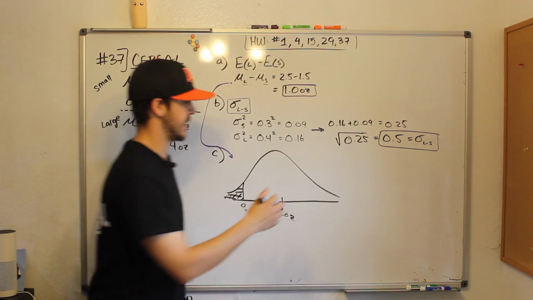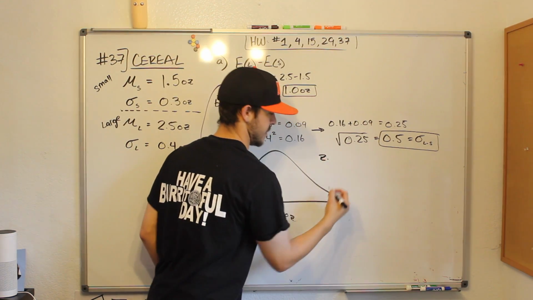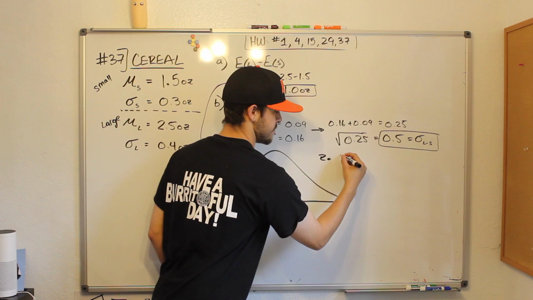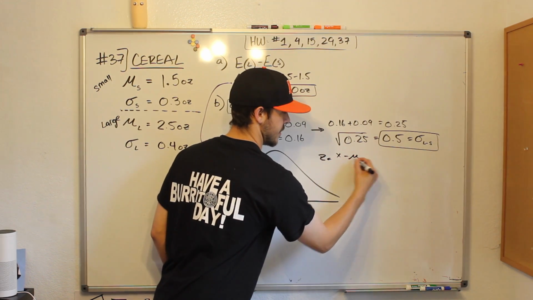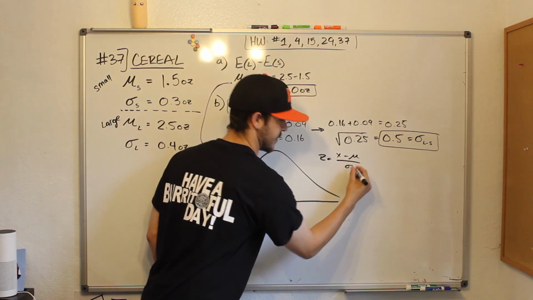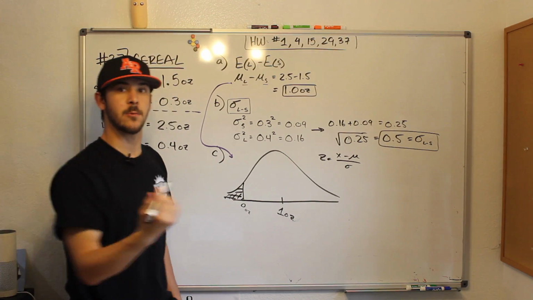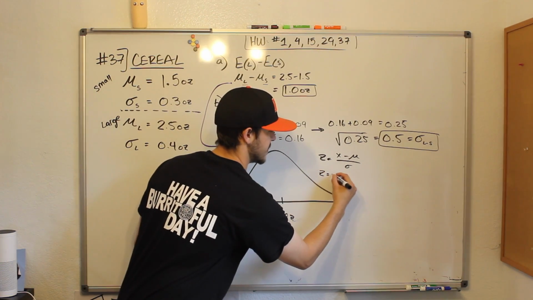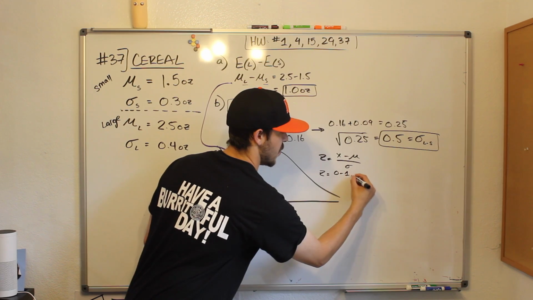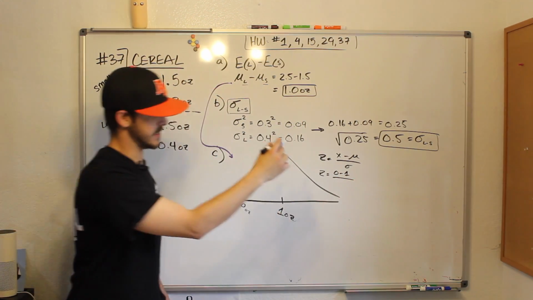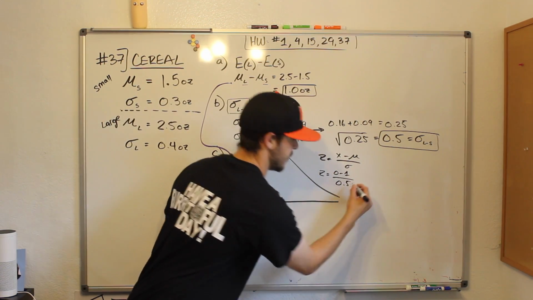In order for us to find that, we need to find the z-score: the value that we want minus the expected value, over the standard deviation. So we take the z-score of 0 minus 1 all over the standard deviation that we found, which is 0.5.